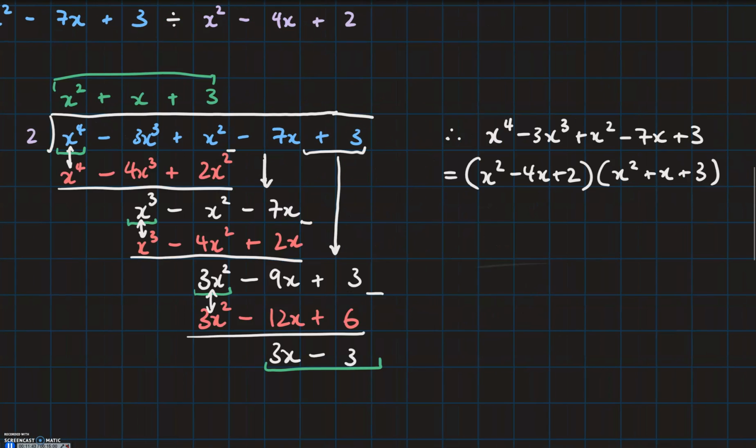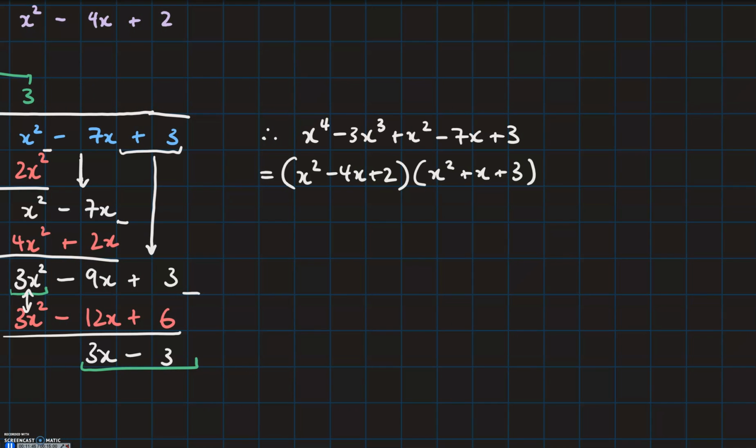I'm going to color code this in a second. And what do I have to add on top of that? Well, I have to add my remainder, plus my remainder. What was my remainder? The thing at the end, 3x minus 3. So what I have here is my p of x, my polynomial that I started off with, x to the power 4 minus 3x cubed plus x squared minus 7x plus 3, as a result of the product of my divisor.